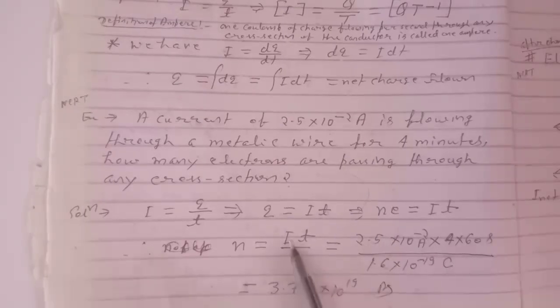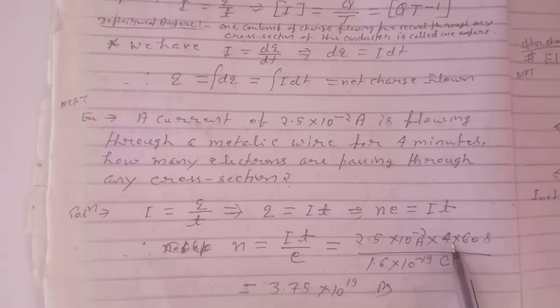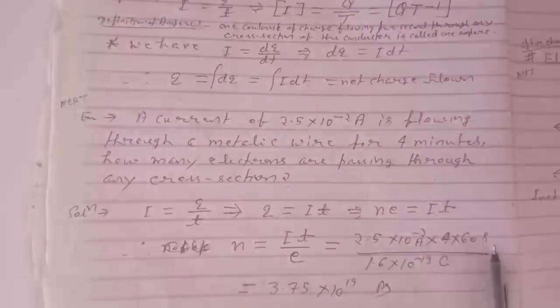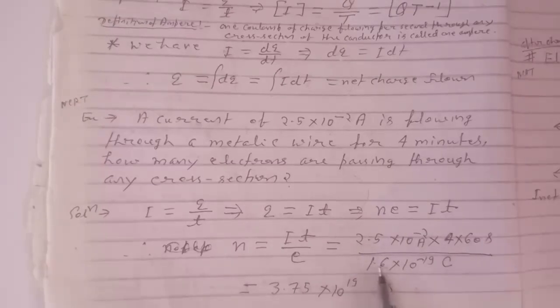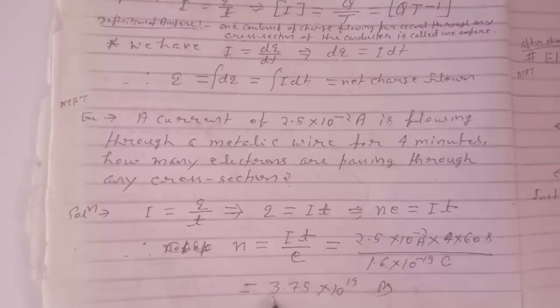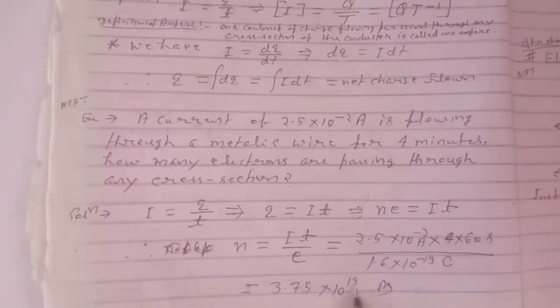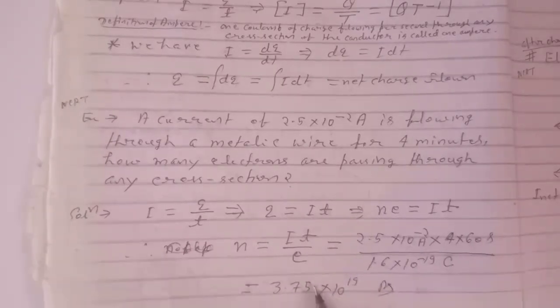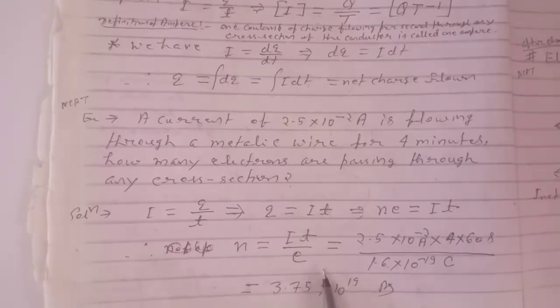Putting in the values in SI units, 2.5 into 10 to the power minus 2 ampere into 4 into 60 seconds, divided by e equals 1.6 into 10 to the power minus 19 coulomb, equals 3.75 into 10 to the power 19 electrons crossing the cross section of the conductor. It means this number of electrons is crossing the conductor cross section.